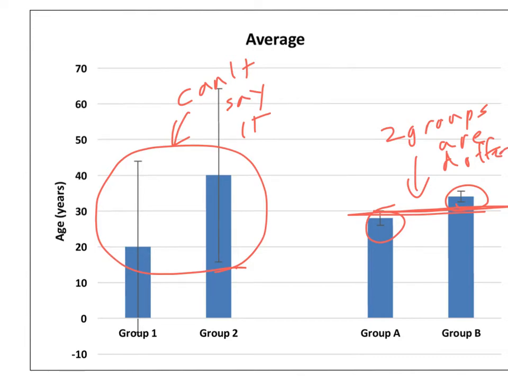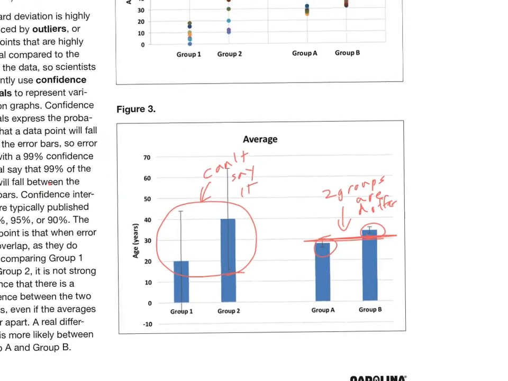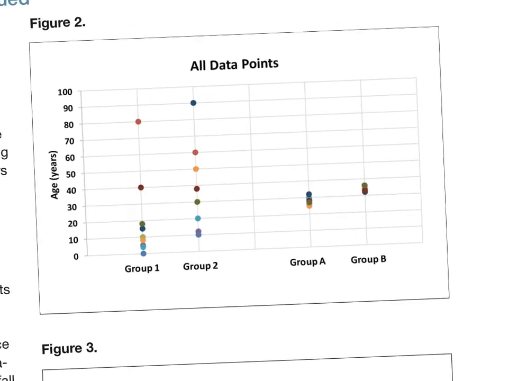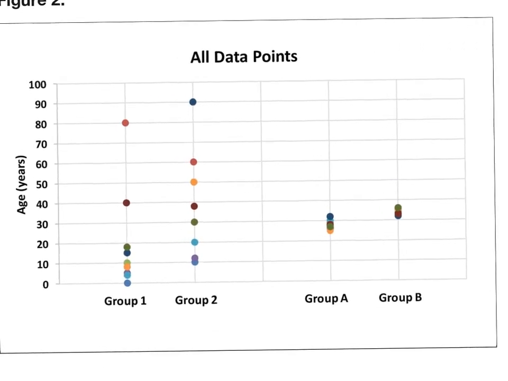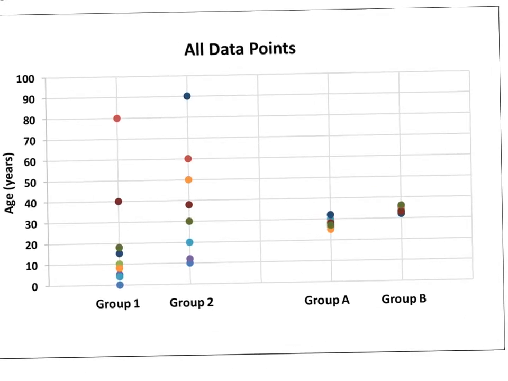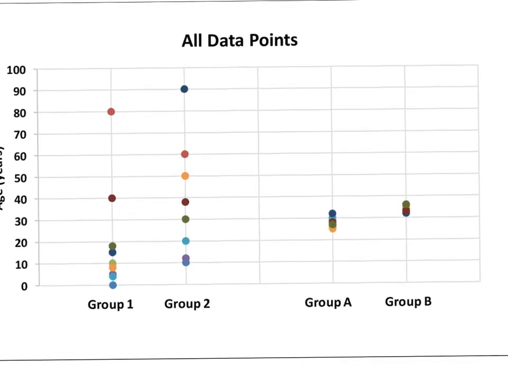If we looked at an actual scatter plot of the data, we could see what we're talking about. In group A and group B, everybody's close to the same age. So there's no overlap between the person with the lowest age in group B and the highest age in group A, or less than a 90% chance of an overlap.